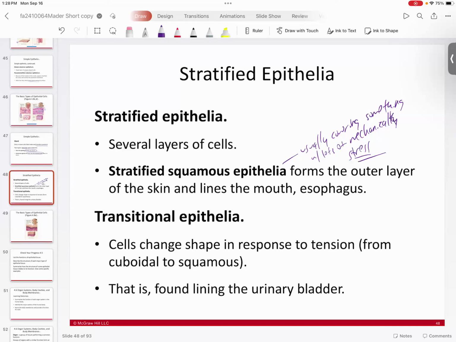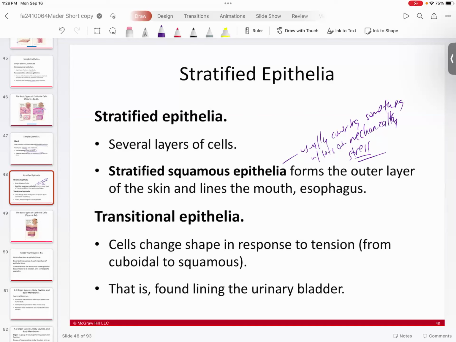Like your skin is a good example. You're tough on your skin. You're constantly rubbing it on stuff, right? It's kind of under physical strain all the time, right? You're constantly beating up on it, grabbing it. It's getting poked and prodded and pulled and yanked.